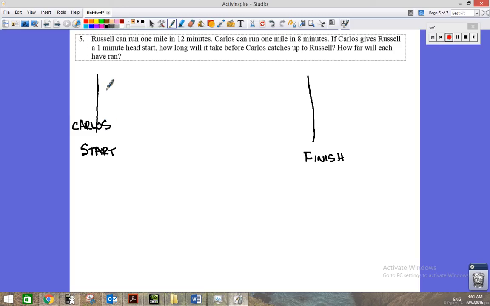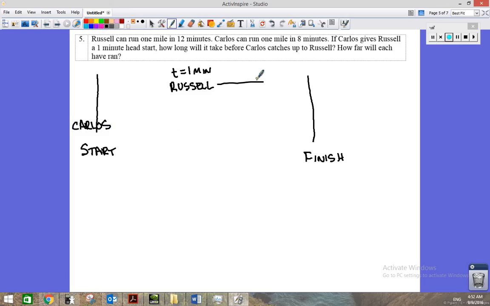So when they say on your mark, get set, go, Carlos stays just where he is, and Russell takes off moving. And when Russell has been running for 1 minute, then Carlos takes off.